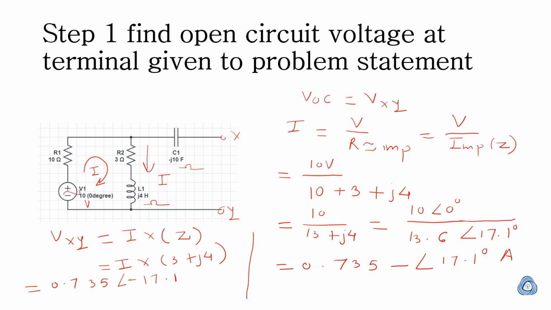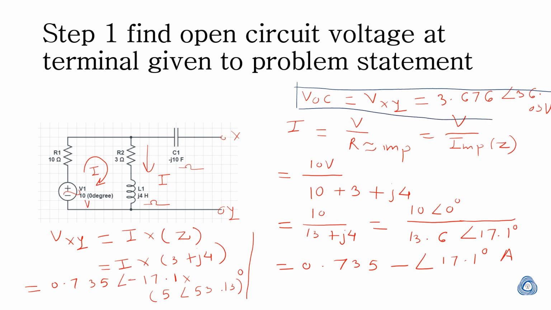When we convert the rectangular 3 plus J4, my polar is 5 angle 53.13 degree. So the answer is 3.676 if you calculate on the calculator, angle 36.03 volt. So this is your answer for the voltage.